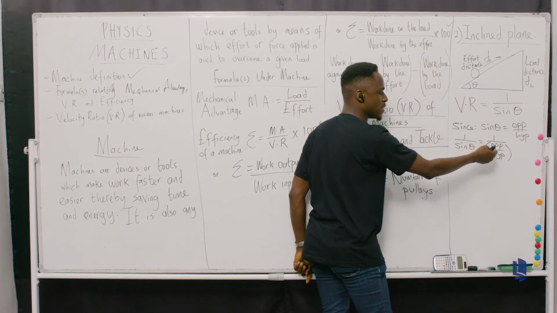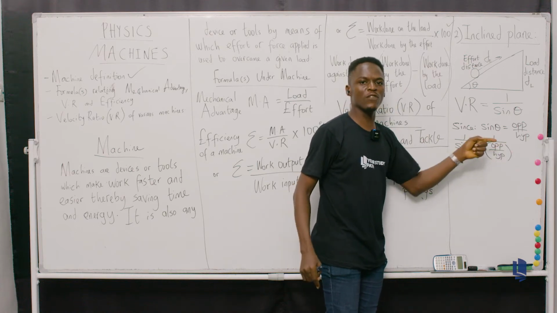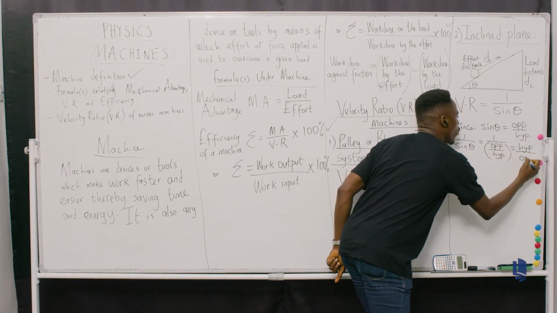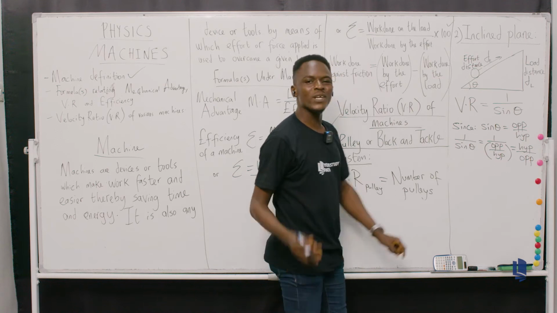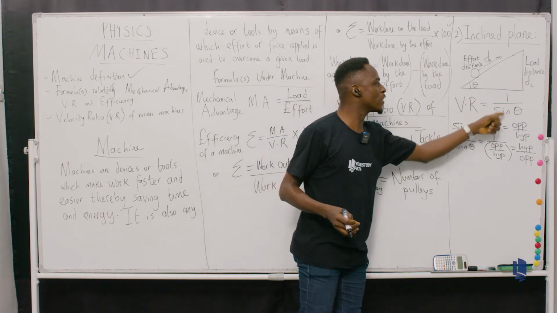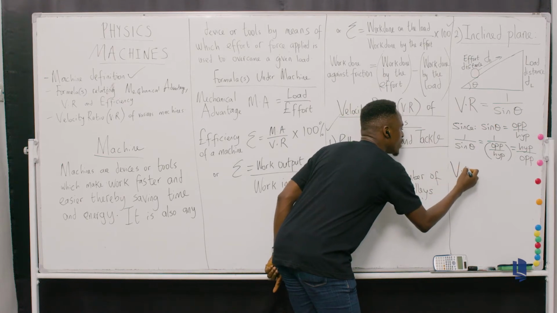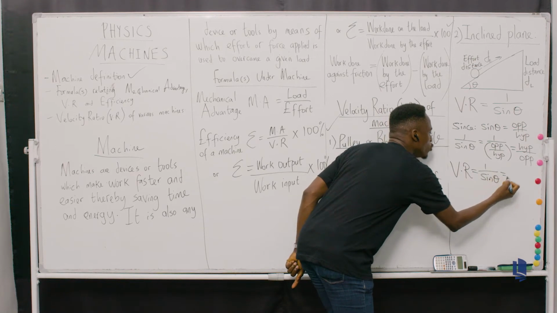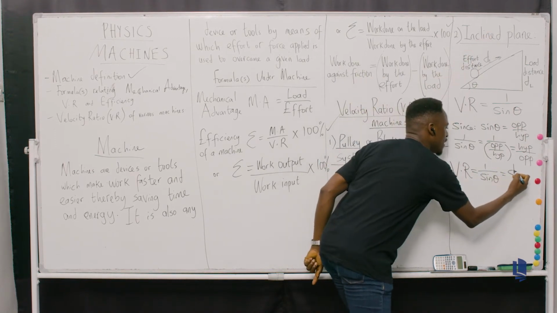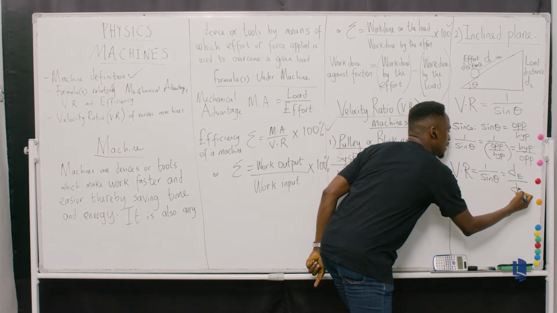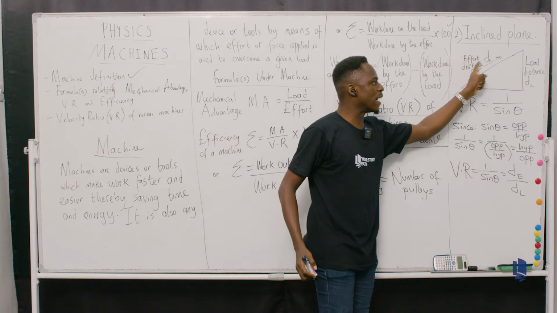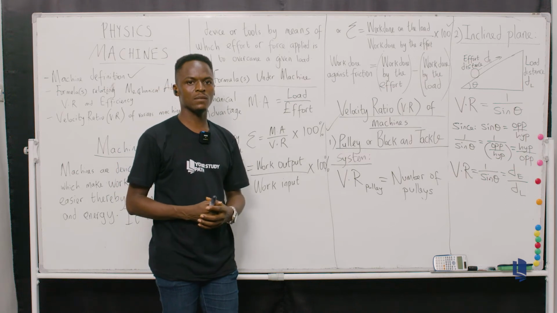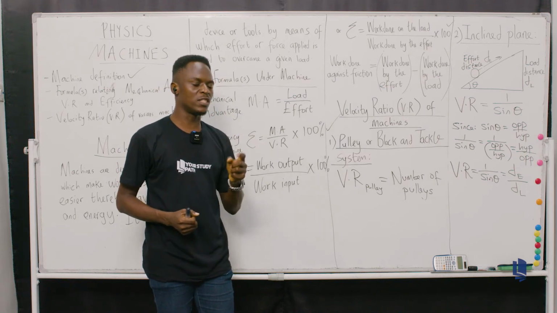And we know based on mathematics, when you have 1 over a given value, there's a flip over. As such, you are going to have hypotenuse over opposite. So it simply means that velocity ratio is either equal to 1 over sine theta, or effort distance, DE, over load distance, DL. Effort distance divided by load distance.